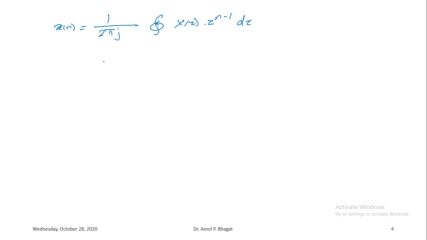So in a more simplified manner, it can be simply represented as x of n equals the summation over all poles, which are simply denoted as zi, inside the closed path, inside C. So we'll be evaluating this summation for all values of poles for the given transform.